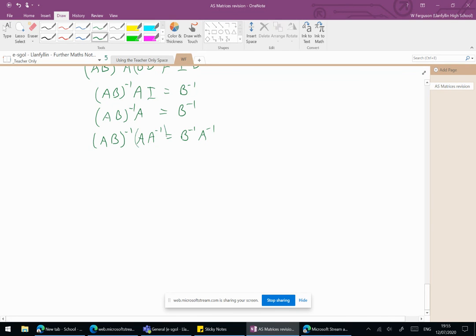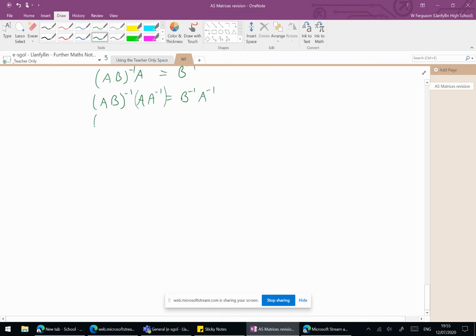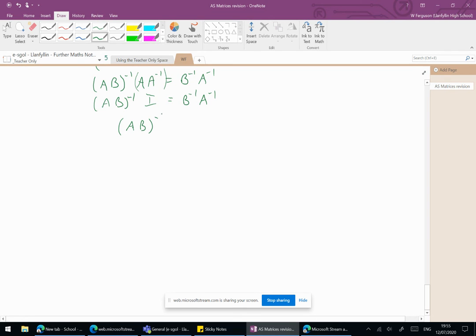So those two things there can get bracketed together, and they can get replaced by an identity matrix, I, and then I can remove the I because all it's doing is multiplying a pre-existing result, and therefore it won't change it.